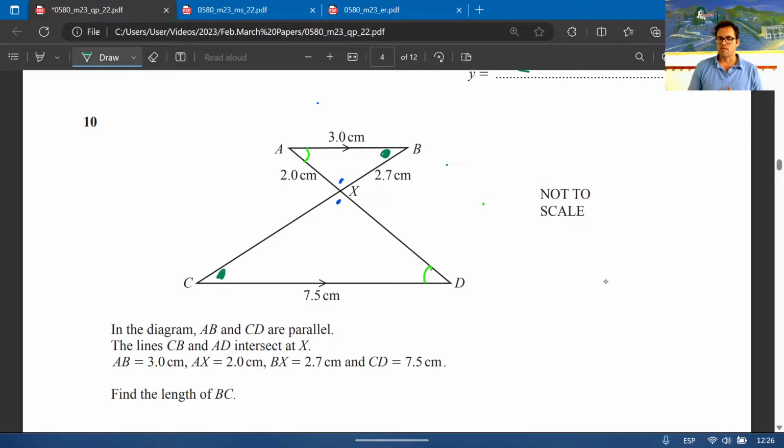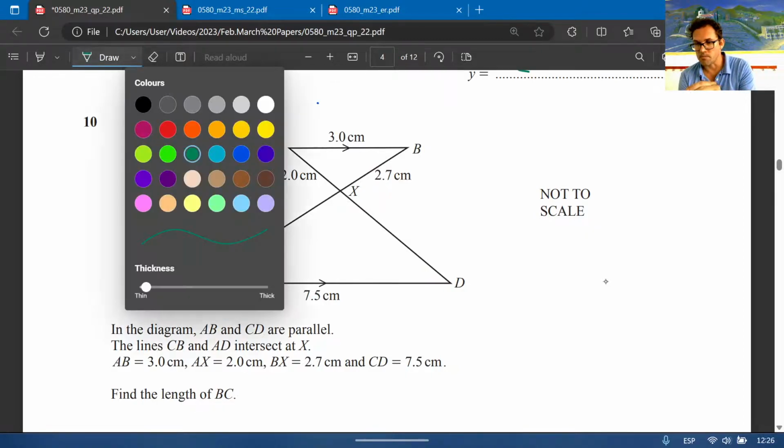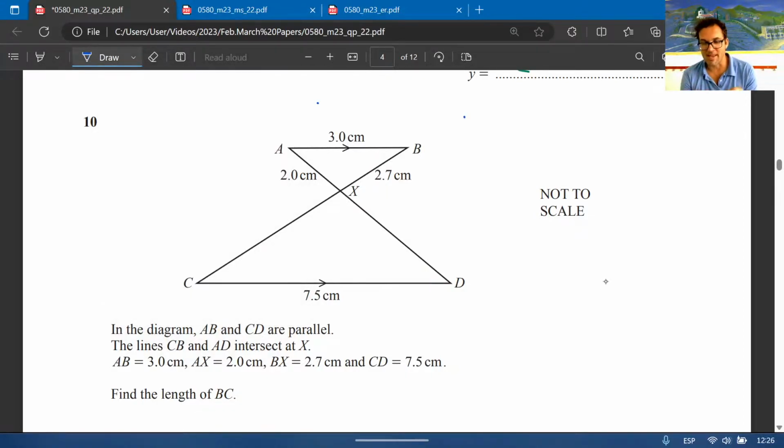How do we find that ratio? Well, we just need to divide the one by the other. So if we take a side that we know corresponds, that's the side AB over CD, or the other way around. We'll do CD, the longer one, over AB.